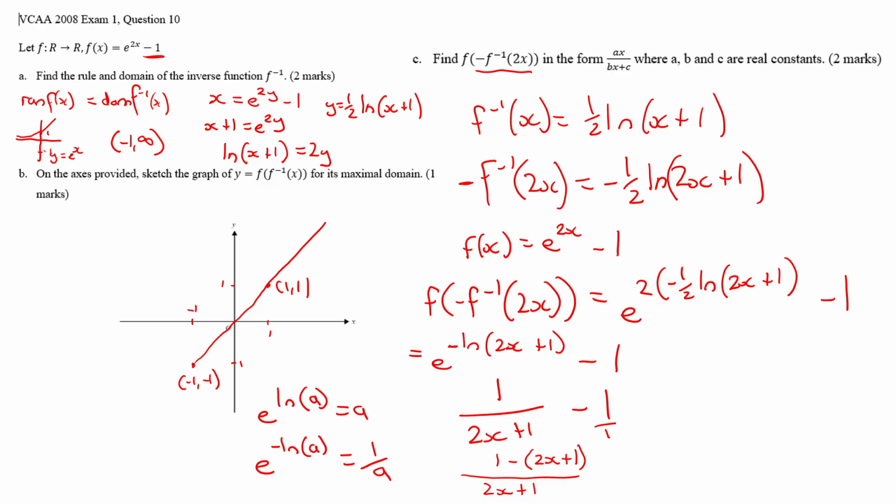And finally, I then will go take away 2x, take away 1. The 1s are cancelled, and it gives me 2x over 2x plus 1. So that is in the ax over bx plus c form.